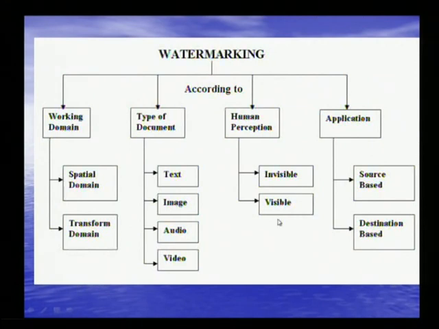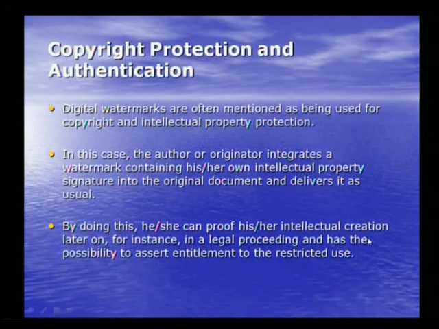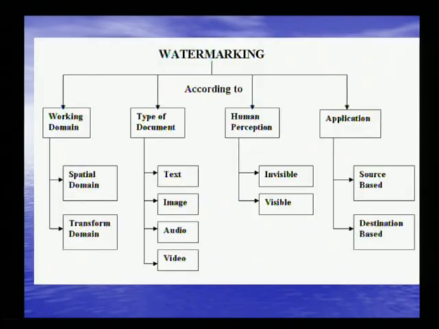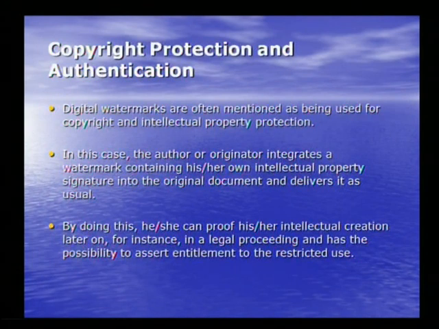We will see invisible and visible later on. Then, based on application: source based or destination based. If the application is copyright protection, then it is source based. If the application is based on fingerprinting, then it is destination based.